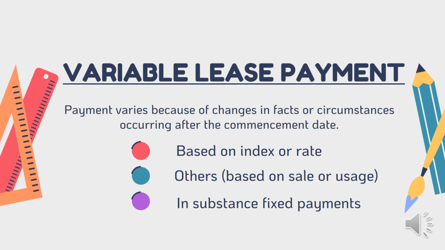For example, is it based on an index or rate? Payments linked to the consumer price index or a benchmark interest rate are included in the lease payments. Also, others which are based on sales or usage, and the in-substance fixed payments, are considered to be variable lease payments.